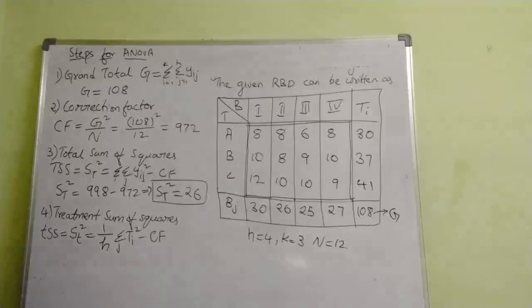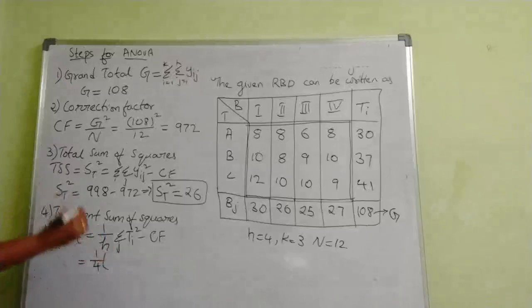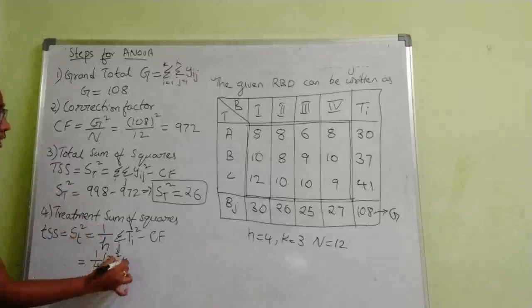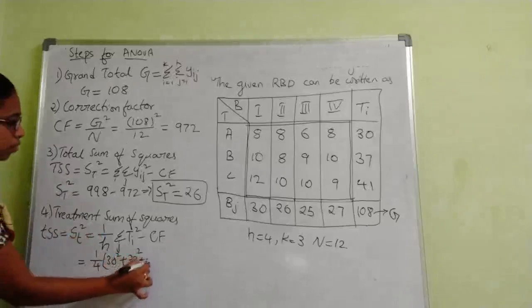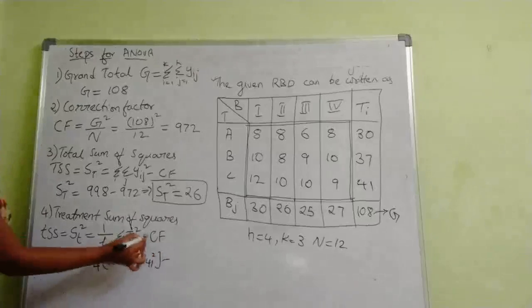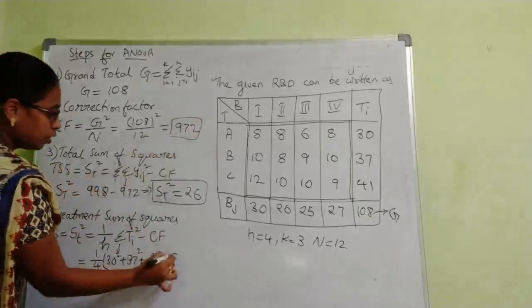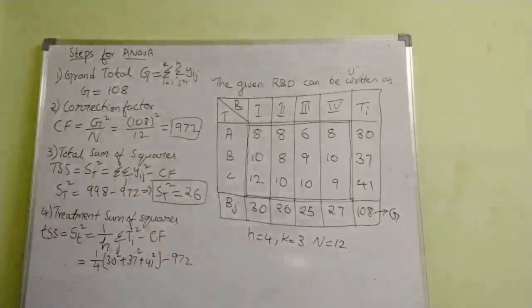So substitute the values. 1 by h means 1 by 4 times 30 square plus 37 square plus 41 square, minus the correction factor value 972. Solving, 30 square plus 37 square plus 41 square divided by 4, you will get 987.5.